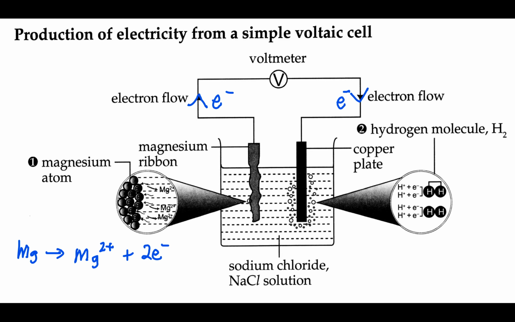So as the battery is being used, the magnesium ribbon will get smaller and smaller until it's eventually totally dissolved. Then the cell will run out.